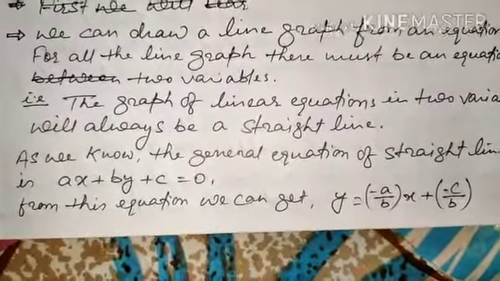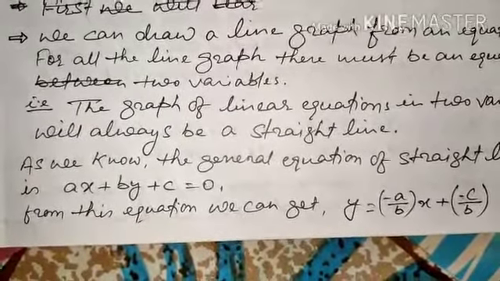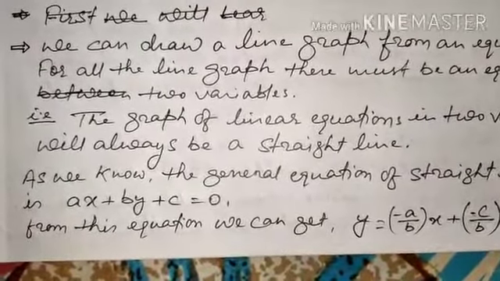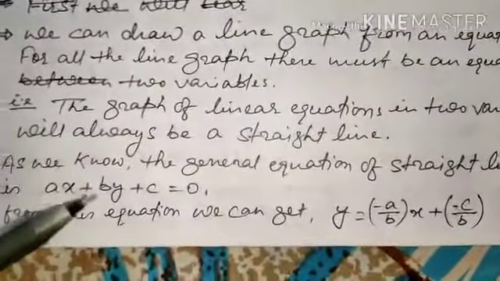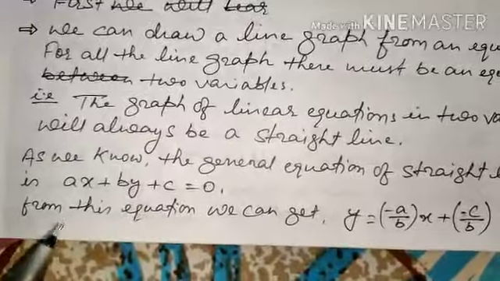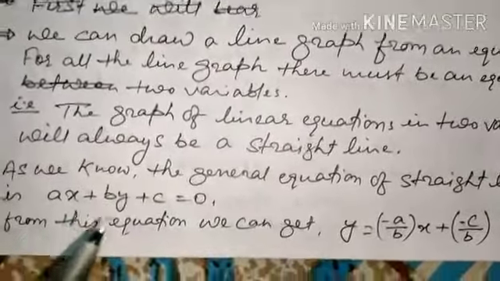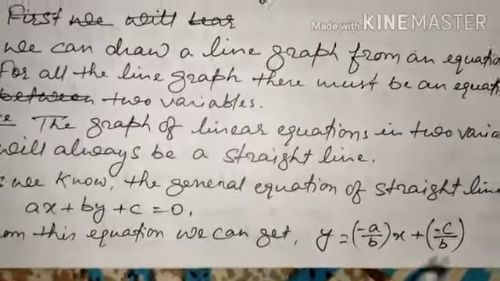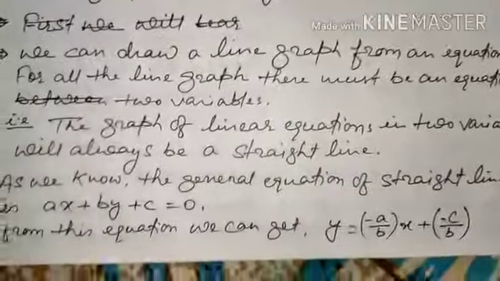You can see I have discussed its general form, that is ax plus by plus c is equal to 0. After converting this equation, bringing ax and c to the other side, that becomes minus ax and minus c, and then dividing by b, we get the form y is equal to minus a by b x plus minus c by b.